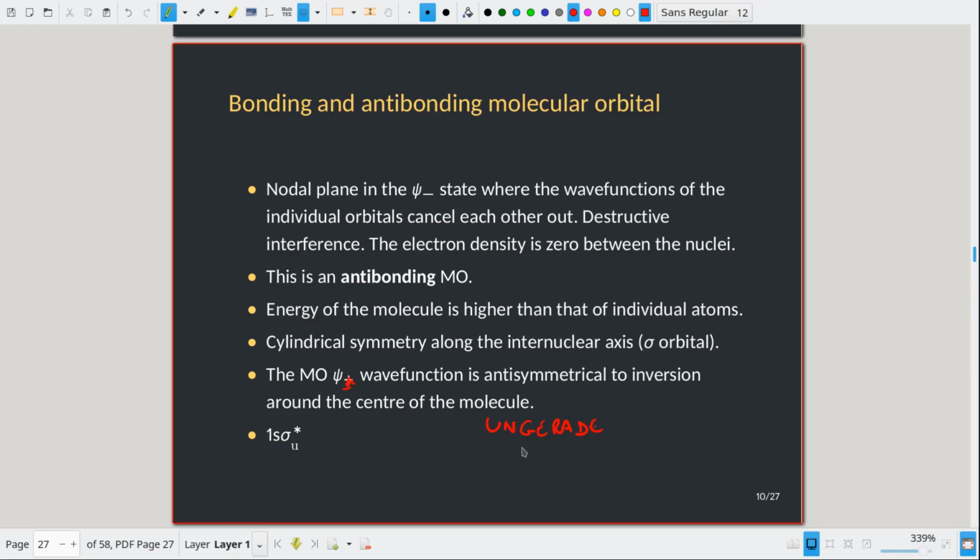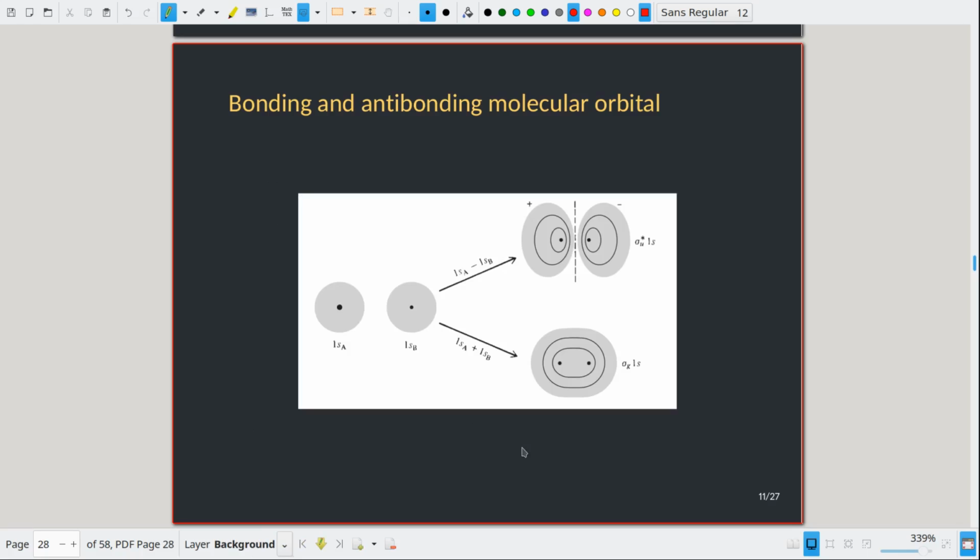And what do these orbitals look like? Well, they look something like this. Here we've got the two individual atoms with their 1s orbitals. Then here we've got the constructive interference in the linear combination with the plus sign, and we've got this 1s sigma gerade molecular orbital, and here we've got the linear combination with the minus sign, which creates this destructive interference, where we've got this anti-bonding molecular orbital, which is antisymmetrical with respect to an inversion around the center of the molecule.